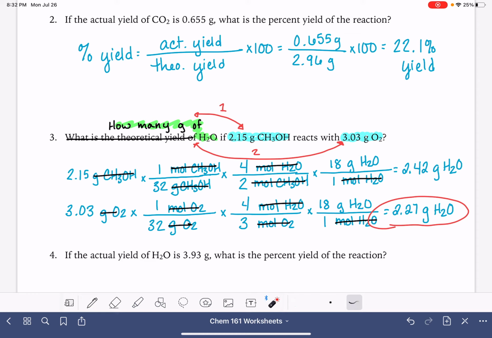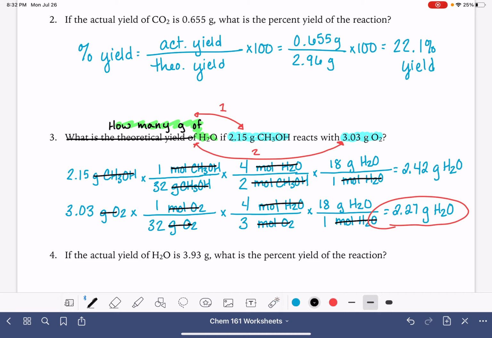And let's think about that for a second, because I told you only one of them could be correct. If we choose 2.42, we're also automatically choosing the smaller number as well. If the reaction is capable of producing 2.42, it's also capable of producing every amount less than 2.42, which includes 2.27. So we always have to default to the smaller number.